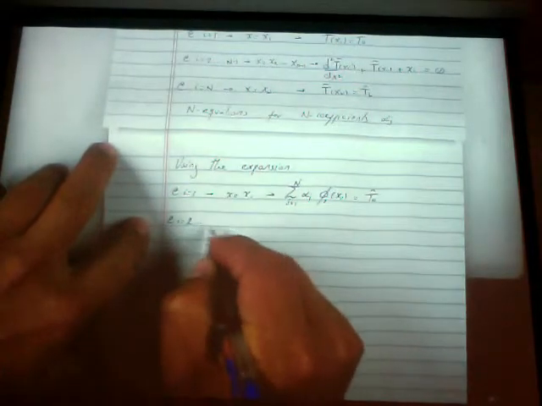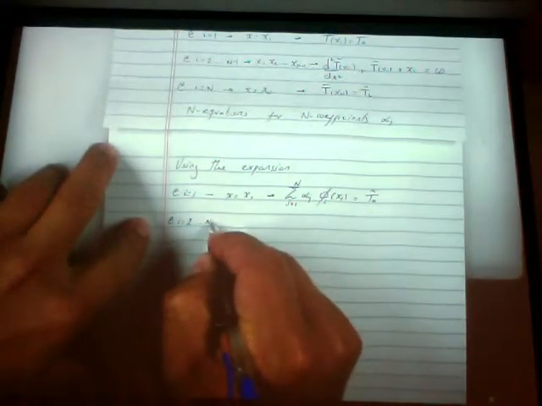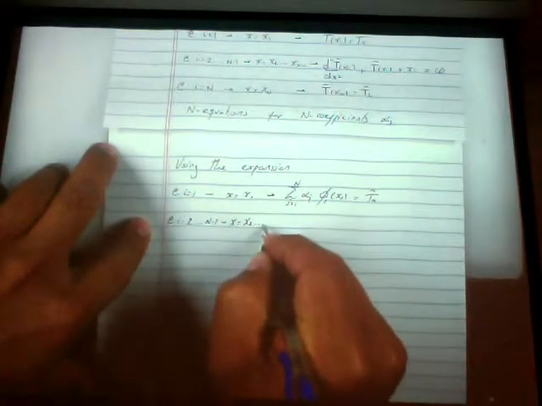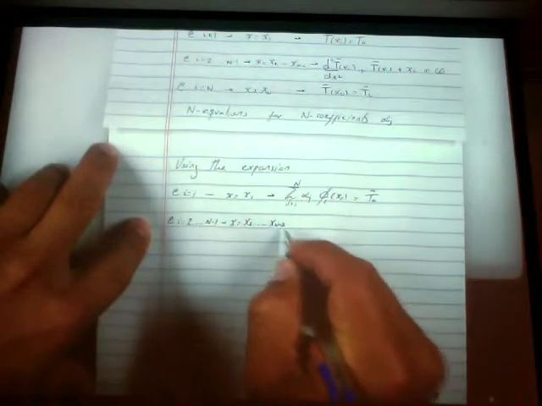Second set of equations is, well, we have n minus 2 equations. So x will go from x2 through x n minus 2.